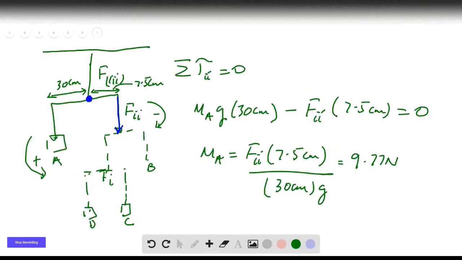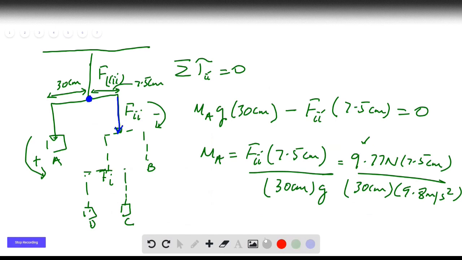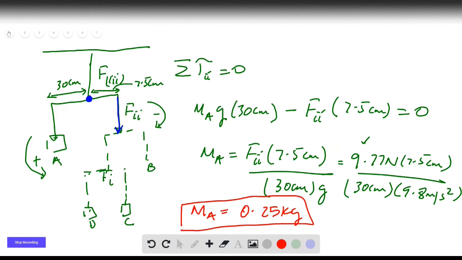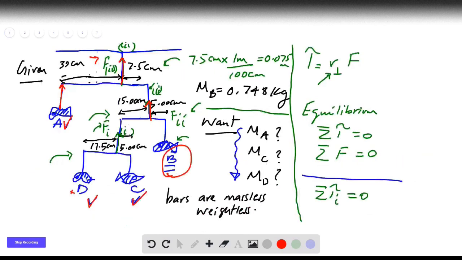That's the number we're using now, 9.77 times 7.5 centimeters, all over 30 centimeters, and then times 9.8 meters per second squared. So when you solve that, you get that the mass of A happens to be 0.25 kilograms.